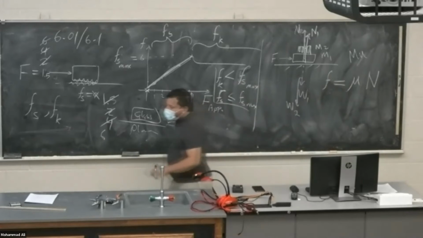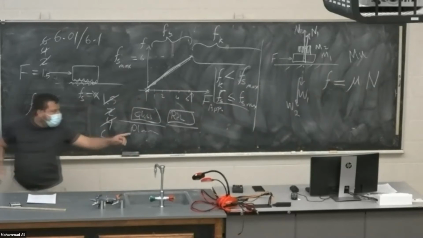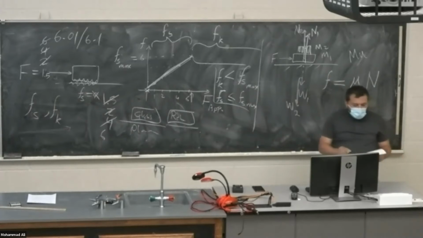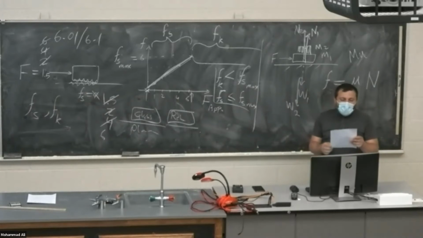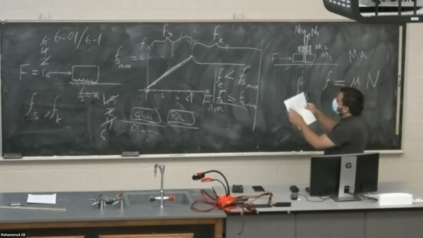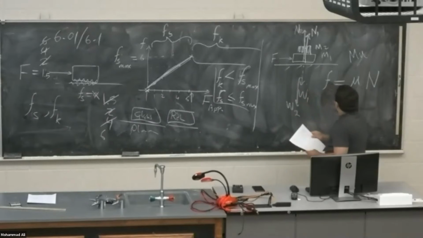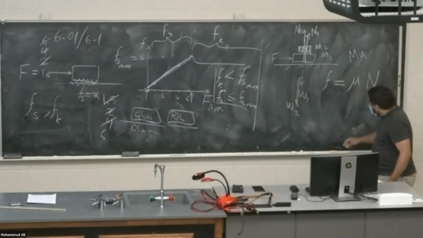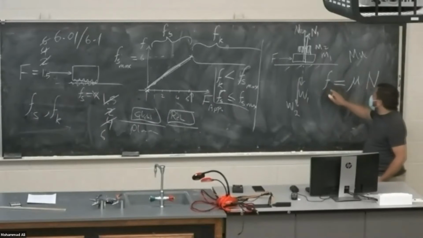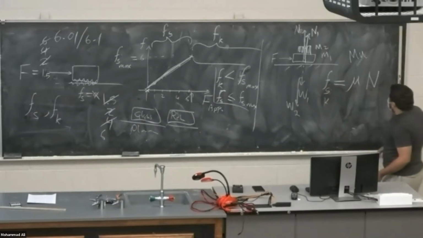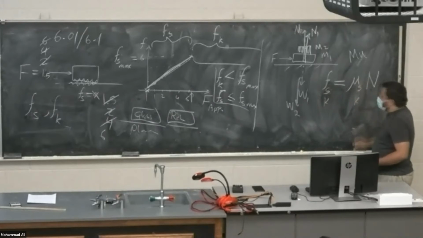Also, you can see here on that page, number 2 down there, just next to the example, there is a table. We have two frictional forces: one is stationary, one is kinetic. Because of that, we have two mu's.